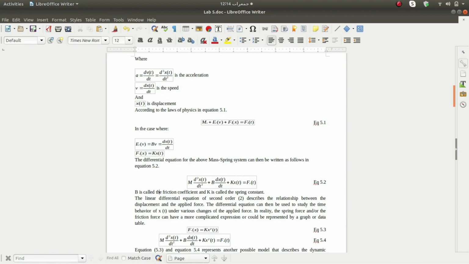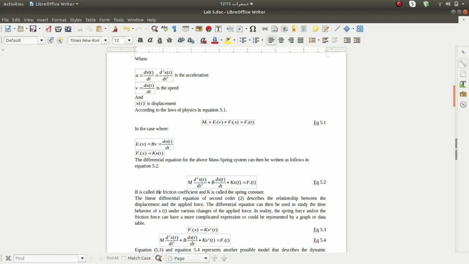Then we have the frictional force, which is equal to b multiplied by v, and v equals dx over dt. And the last quantity is the spring force, which equals the spring constant multiplied by the displacement covered. So here you can see we have developed a relationship between the applied force and the displacement x of t.